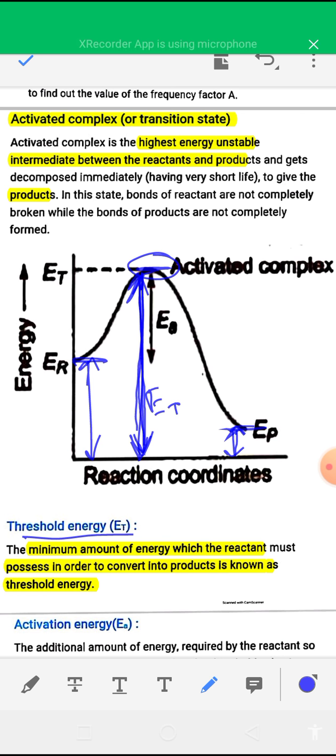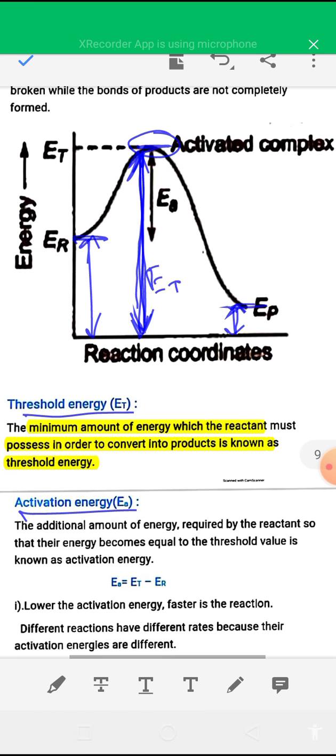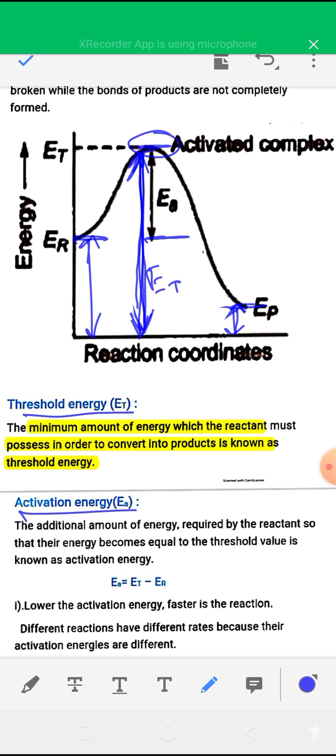And activation energy, what is activation energy? This energy difference is known as activation energy. The additional amount of energy required by the reactant so that their energy becomes equal to the threshold value is known as activation energy.